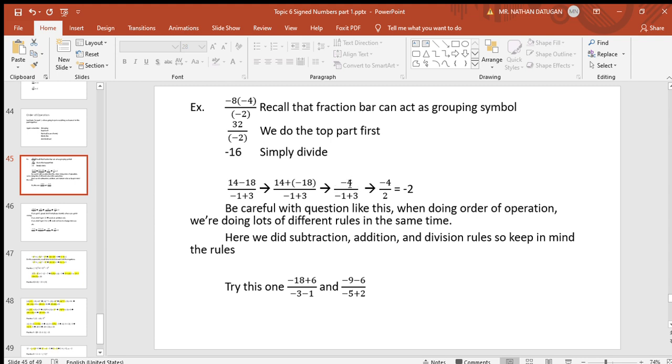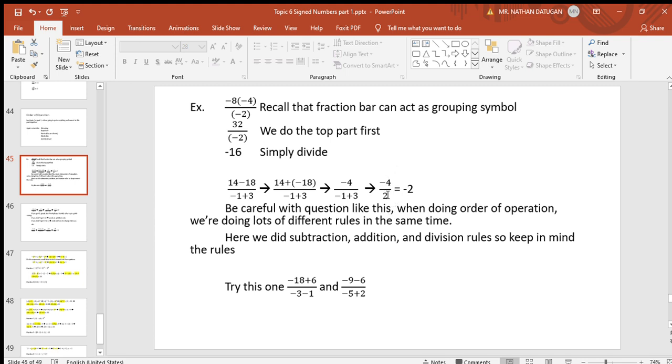Now we're just going to do the bottom. Negative 1 plus 3. Since this is already in addition, we don't need to change it to addition. So now we can use the addition rule, negative 1 plus 3, different signs, subtract, 3 minus 1 is 2, then which was the larger number, negative 1 or 3? 3, so your answer will be positive 2.